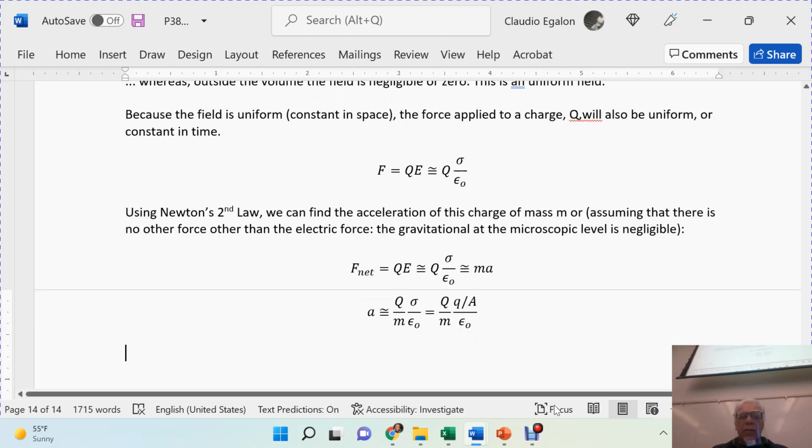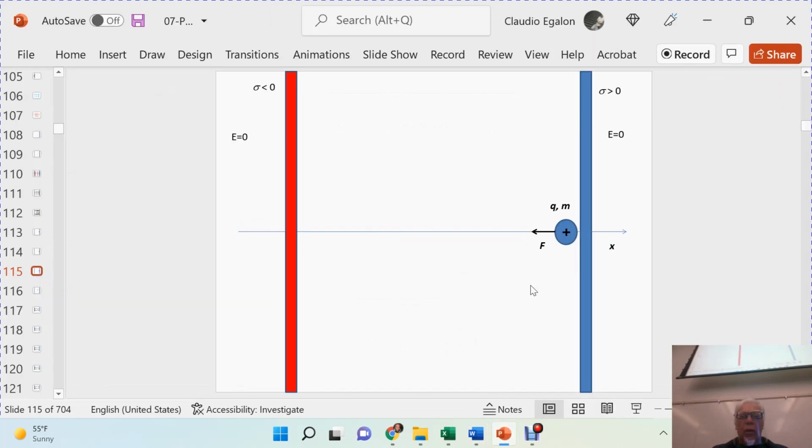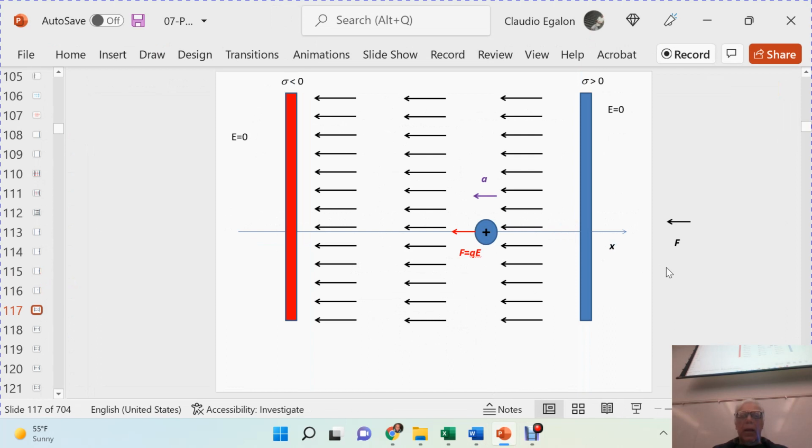Okay, and then you get something similar for a charge being projected inside this volume with a velocity perpendicular to the electric field. What you see right in here is a case similar to that of projectile motion.